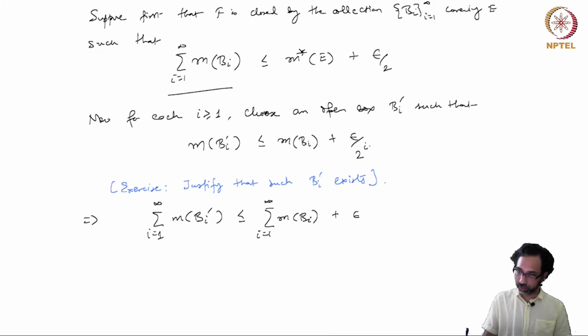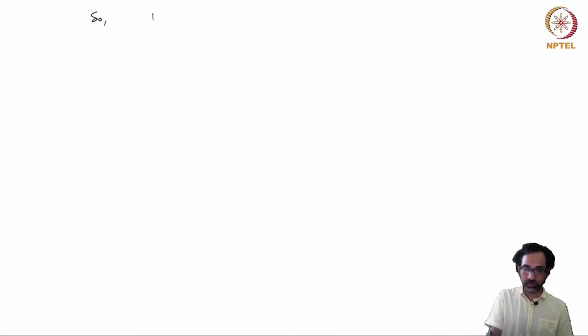So let me write here 2 to the power i plus 1, so we will get epsilon by 2. This epsilon by 2 and the epsilon by 2 above are going to give us epsilon. So now we have a covering of E by these boxes Bi prime, and each Bi prime is open.